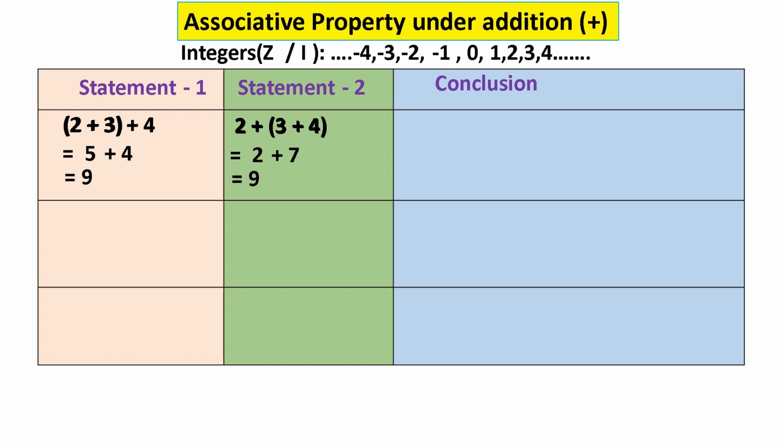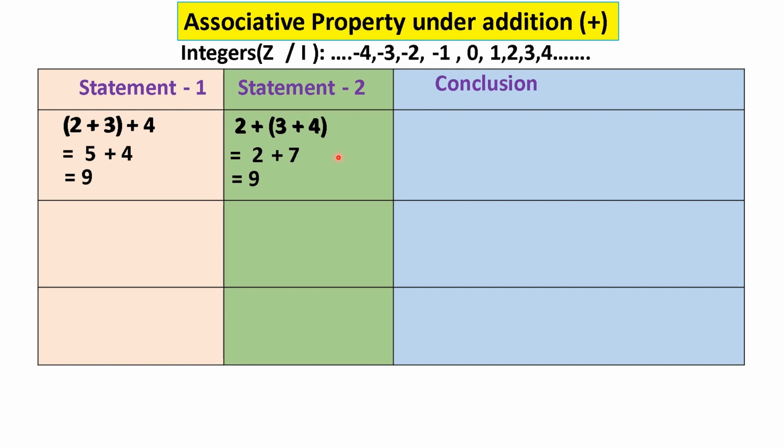From statement 1 and 2, in statement 1 we add 3 integers, in statement 2 we add the same 3 integers. But in statement 1, the first 2 integers are added, in statement 2 the last 2 integers are added.